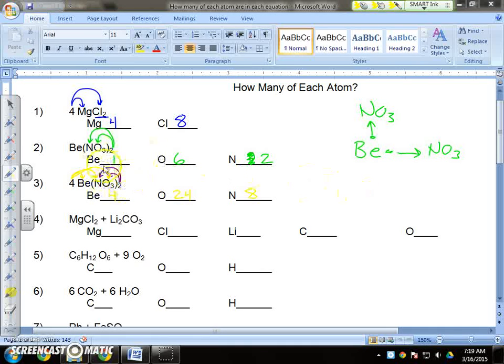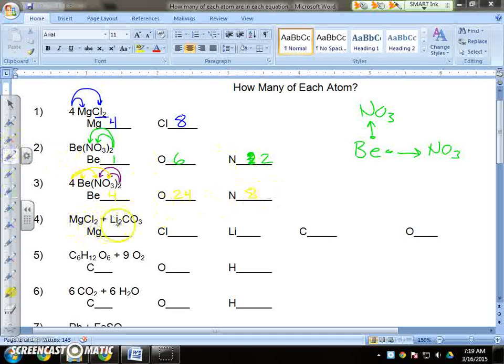Okay? So this is your first real hint here as to what distributes in different directions. The 4, being a coefficient, will distribute to everything until you get to a plus sign, like this guy. This subscript here, outside of the parentheses, will distribute only to those that are part of the polyatomic, the NO3. Okay. Moving on to our next set.